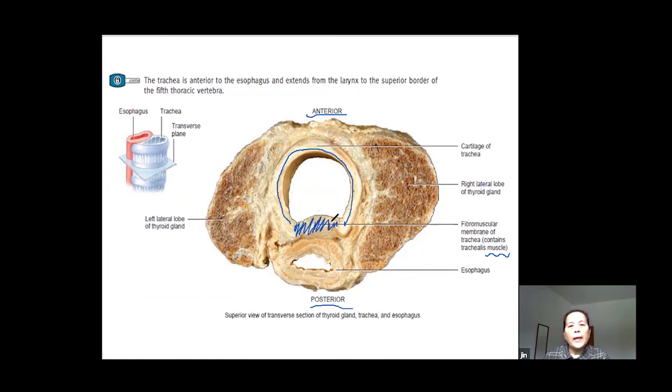So it makes some changing possible. Normally the cartilage holds the space there, so it will not be able to totally close. And the muscular part is in here.